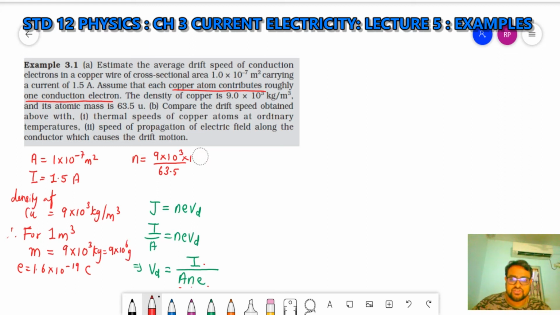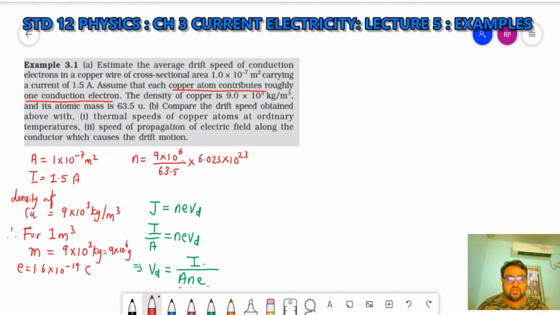So it's 9 into 10 raised to 6, the weight of copper, upon molecular weight. This is the number of moles, into NA, that is 6.023 into 10 raised to 23. Now see, this is for 1 meter cube, because it is per meter cube. So these are the number of electrons per unit volume.